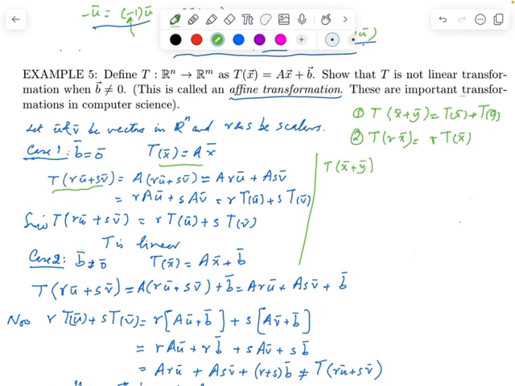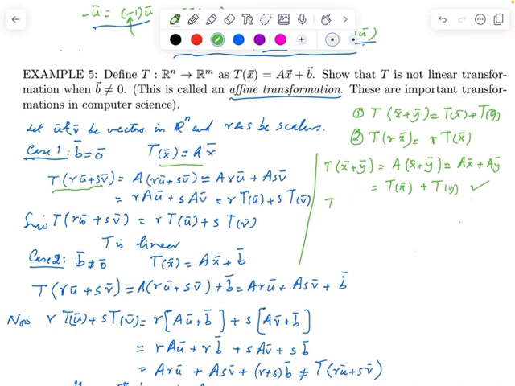So if you use x, y, then this is equal to A times x plus y, which means Ax plus Ay, and Ax is T of x plus T of y. So yes, the first one is true.